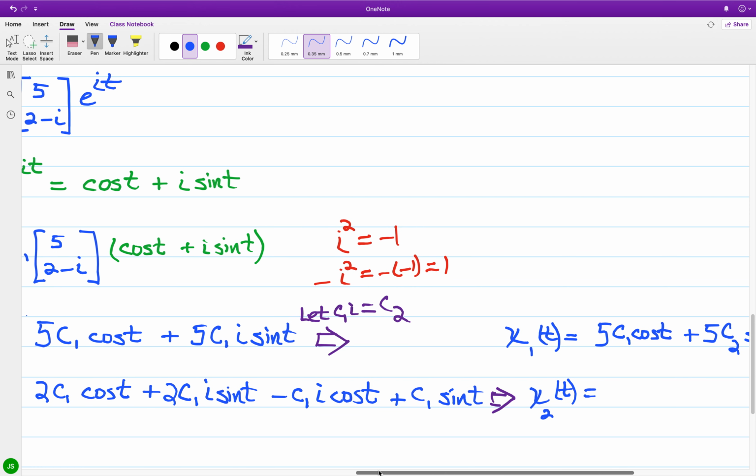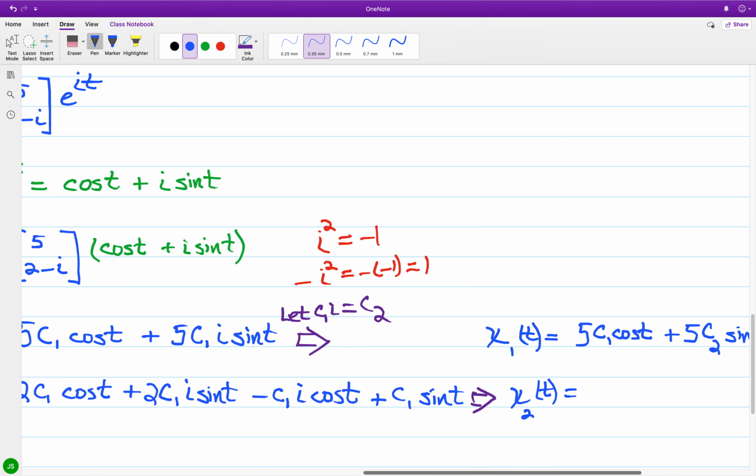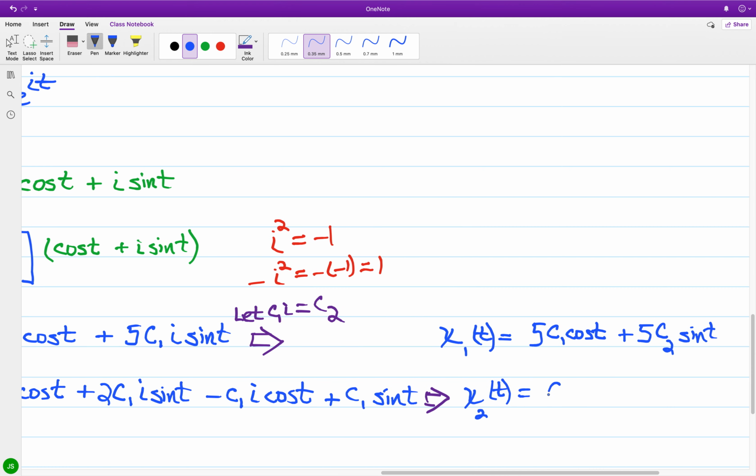Partitioning out, with just our c of 1, you have 2c1 cosine of t plus c1 sine of t, so we say we have c of 1 times the quantity, packaging together, 2 cosine of t plus sine of t.